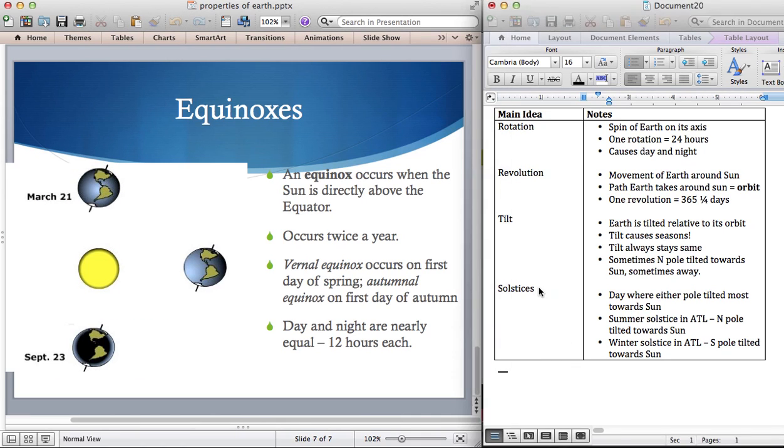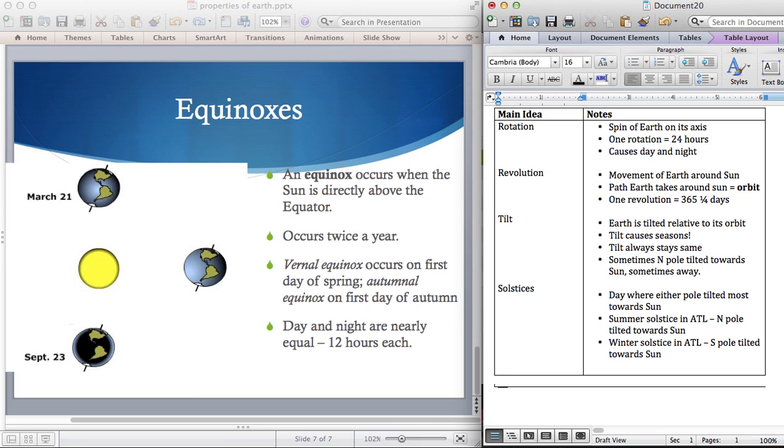Our last term that we need to know is equinoxes. And equinoxes occur when the Sun is directly above the equator. So they are right in between the solstices. So they occur between solstices.